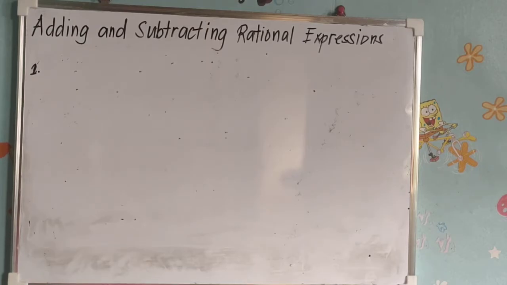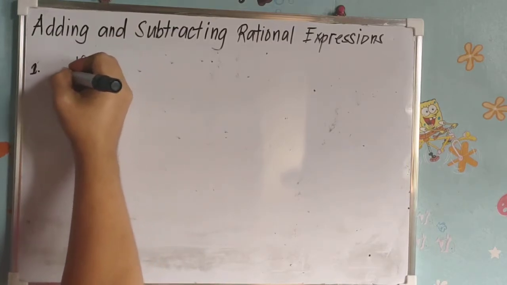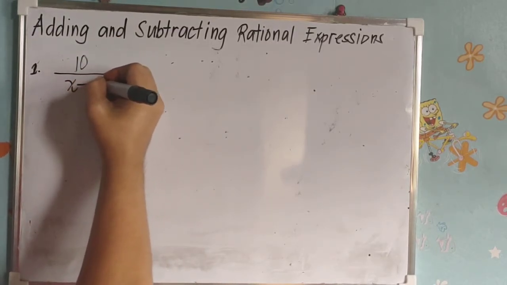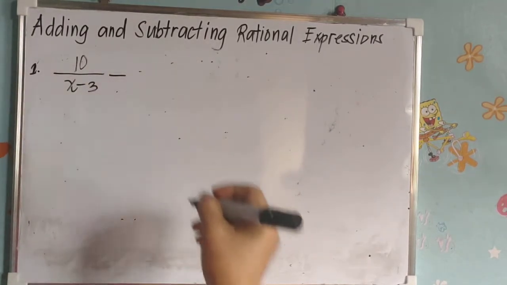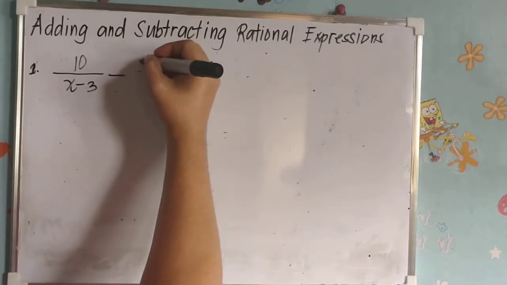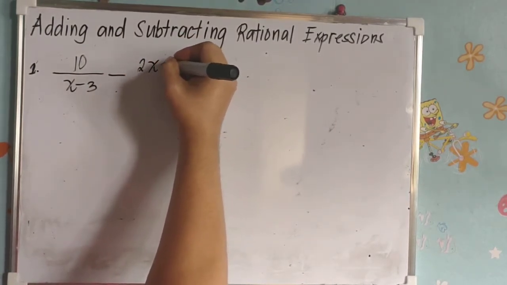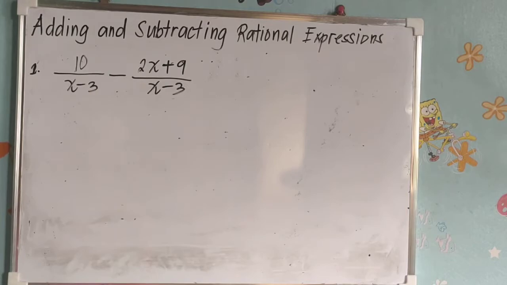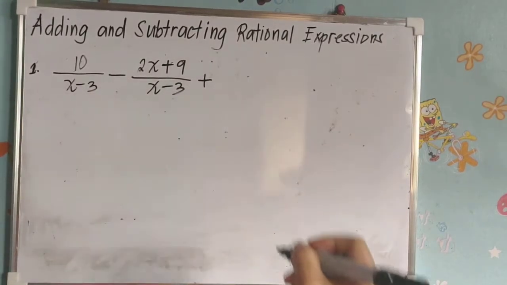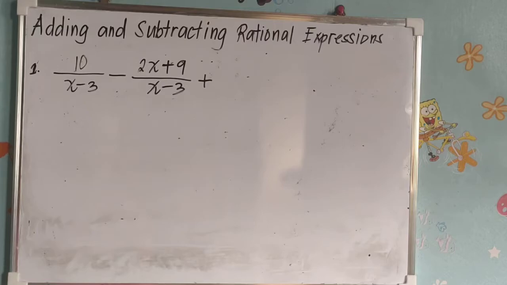So let's have 10 over x minus 3 minus 2x plus 9 all over x minus 3 plus, in this case we have 3 rational algebraic expressions that need to be subtracted and added.